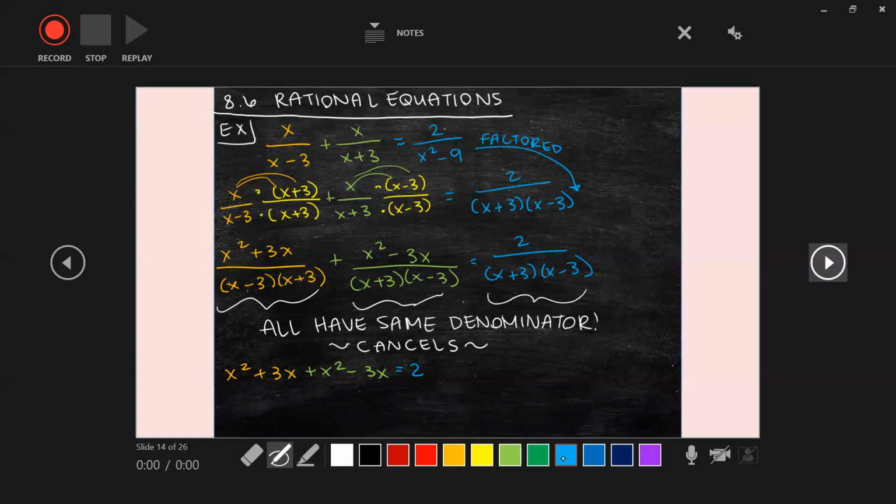So if I combine my x squareds, I have x squared plus x squared, 2x squared. And then I have plus 3x and minus 3x. So what is that? That's 0. So we're going to have 2x squared is equal to 2.